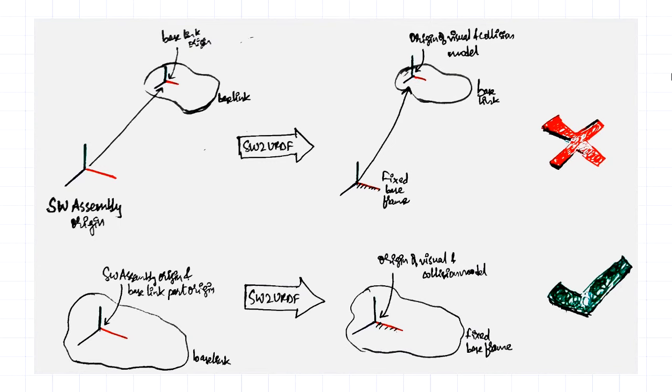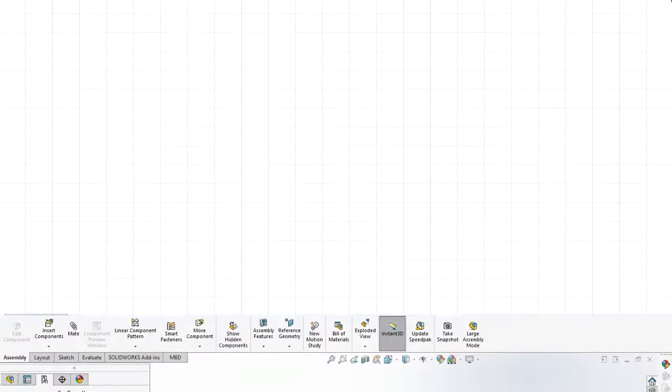We don't want that. We want the links to be defined with respect to the origin of the base link part. So that's the very reason we must make sure that the origin of the base link part and that of the assembly both coincide.